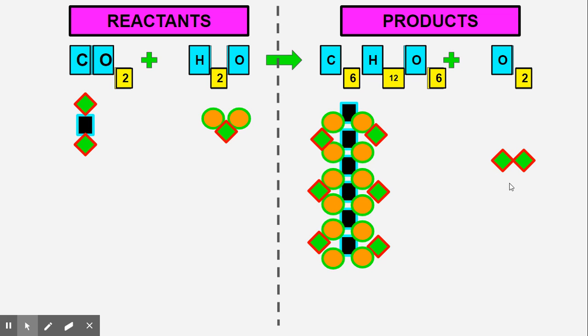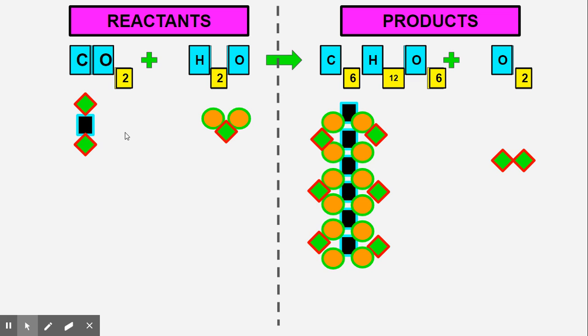Now, we also have this one molecule of O2. So if you do the math, there are 8 atoms of oxygen over here, but there are only 3 oxygens over here.